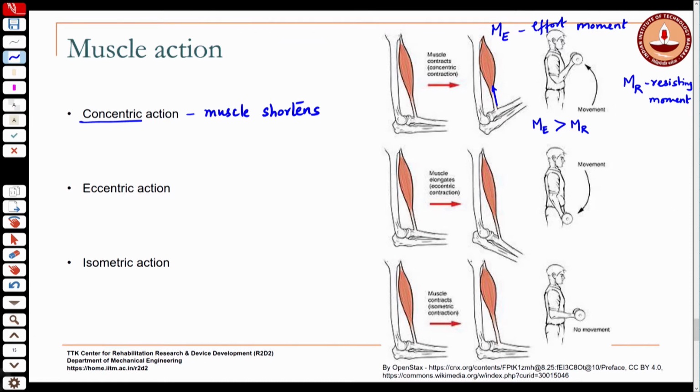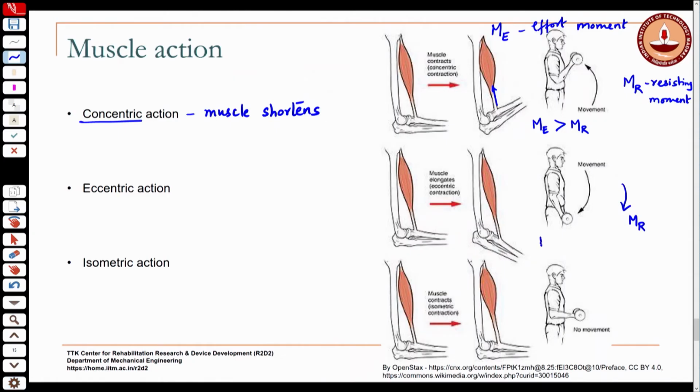Sometimes, in the next case, you have the resisting moment acting like this. If you have a weight and if I did not have the muscle, what would happen? It would just go down like that.